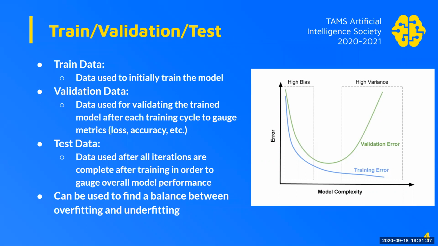Is it like k-means validation? What do you mean? Oh, we have different types of validations. Can you elaborate on your question? Are you talking about k-means clustering? No, this is different from that.